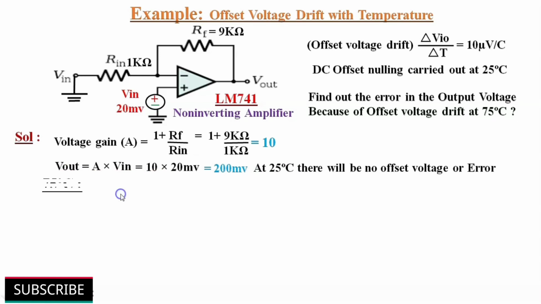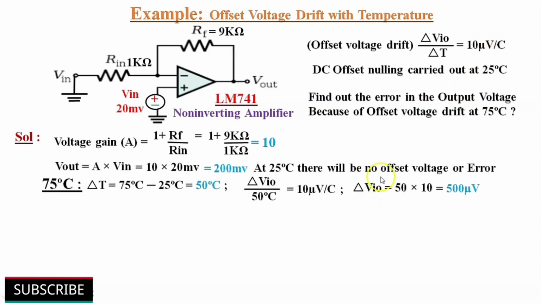Now let's calculate drift at 75 degrees centigrade. Change in temperature delta T is equal to 75 degrees centigrade minus 25 degrees centigrade, that is equal to 50 degrees centigrade. As we know, offset voltage drift is equal to change in offset voltage delta VIO divided by change in temperature, which is 10 microvolt per degree centigrade.